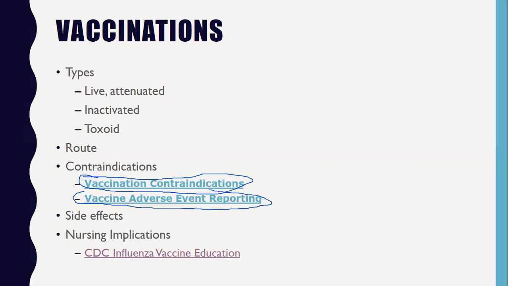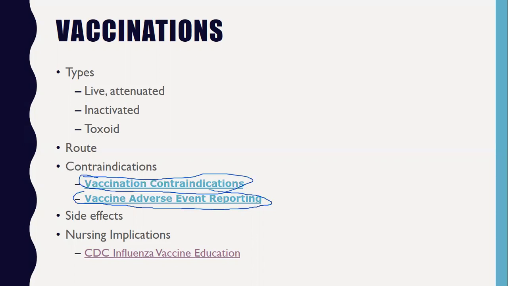If you're giving an IM medication, that you're giving it deep enough to go into the muscle. We want to make sure we're teaching our clients possible side effects and when to call the physician, which would be with those moderate to severe side effects.